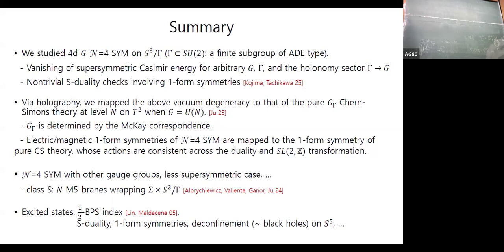Today I only focused on the ground state. Basically, we don't know much about the behavior of excited states, or how we can understand them. Maybe it would be better to first focus on the half-BPS sector. It will be much easier to analyze, and there are various implications you can think of, such as acting as a duality and so on.